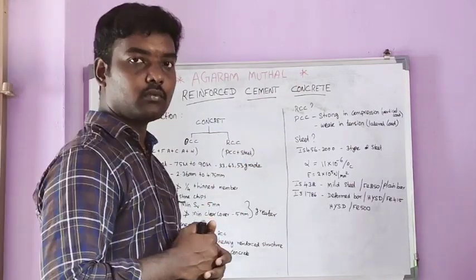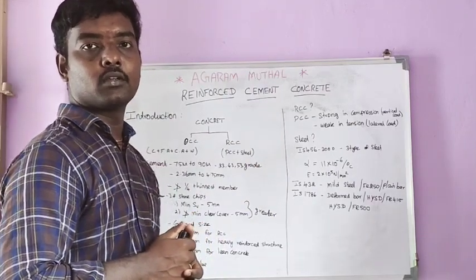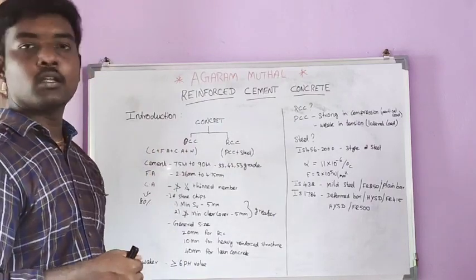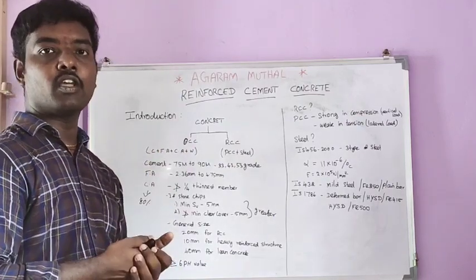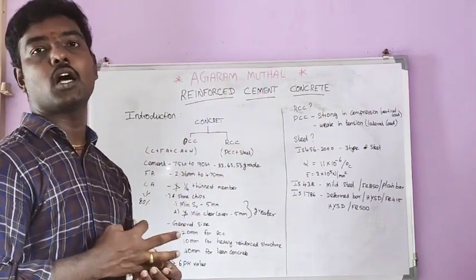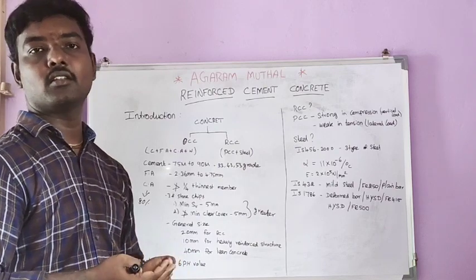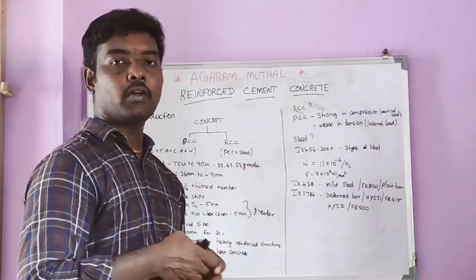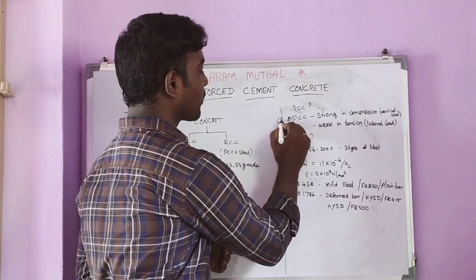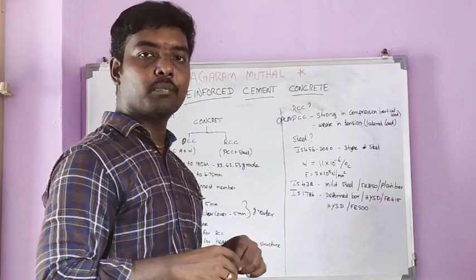Next, the most important one: why RCC? We use PCC in only a few places, but we go for RCC in almost all structural member portions. The reason is that when we say PPC or OPC, it is strong in compression.